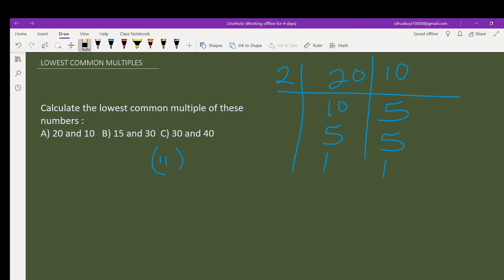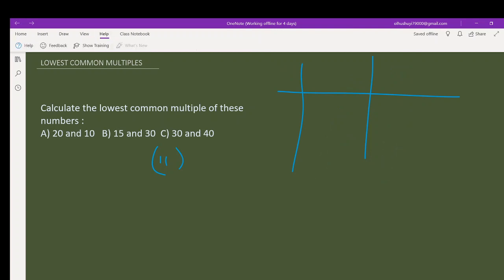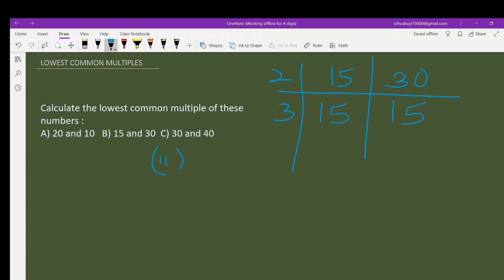Look at the second example that we did again: 15 and 30. So here the numbers are 30 and 15. You go to 2 first, then 15 stays. Then 3, 3 here, 5, 5.